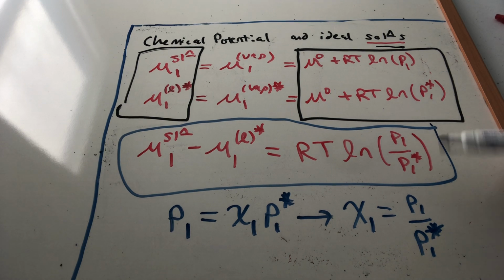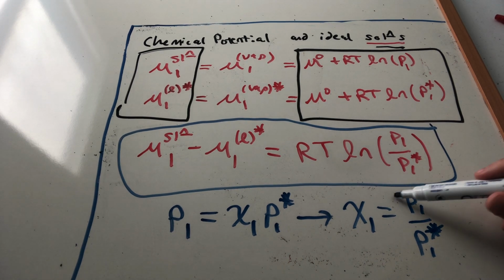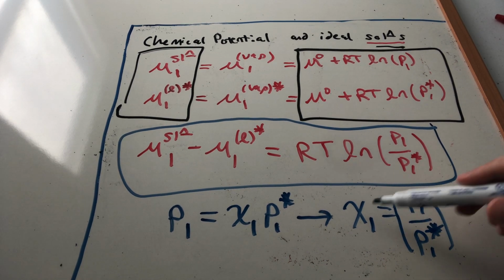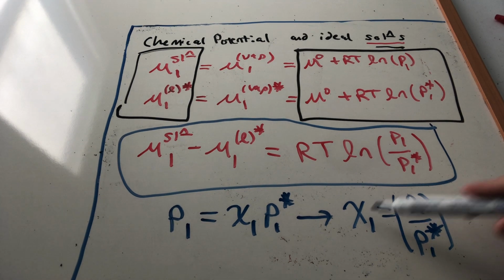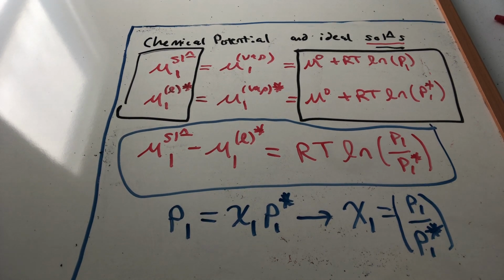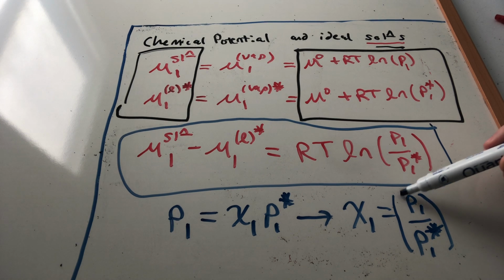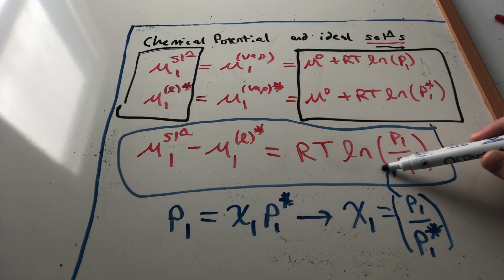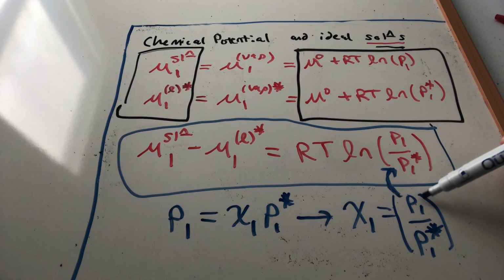So what I need to know now is a solution's concentration. I have to know it in mole fraction, but that's something we can work towards. But if something follows Raoult's law, that ratio P1 over P1 star is chi1.